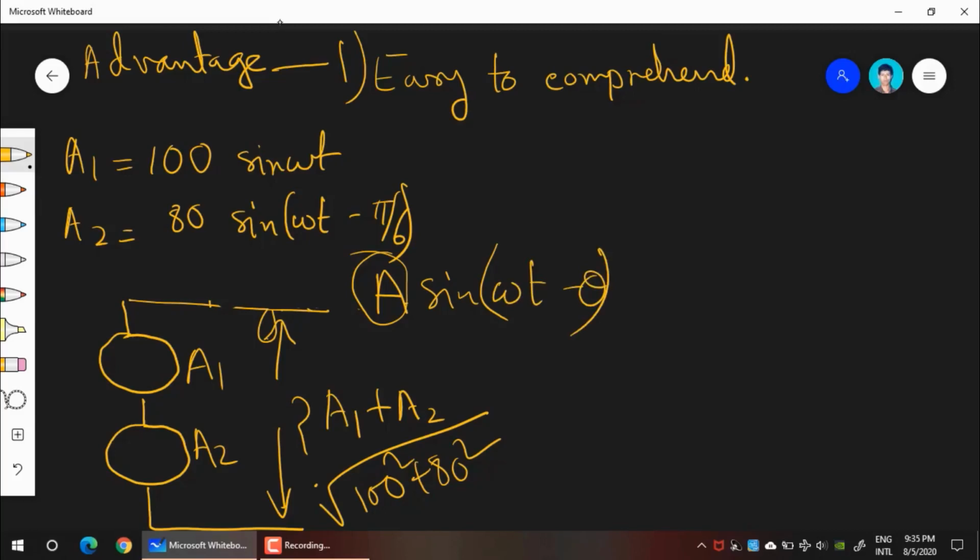But for that you have to carefully apply all these trigonometric identities, right?